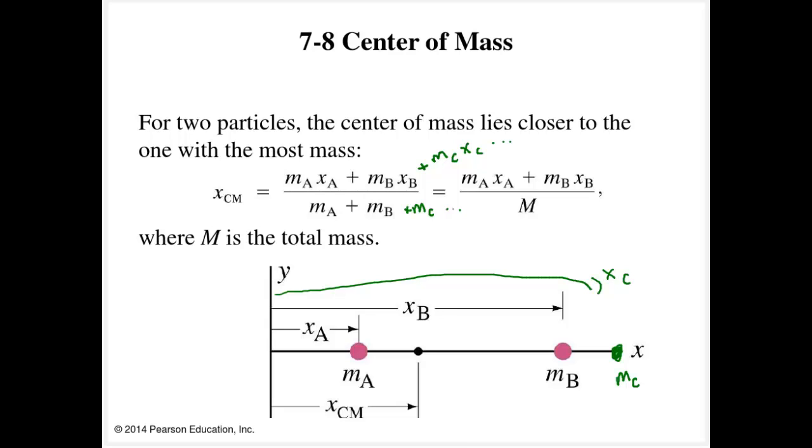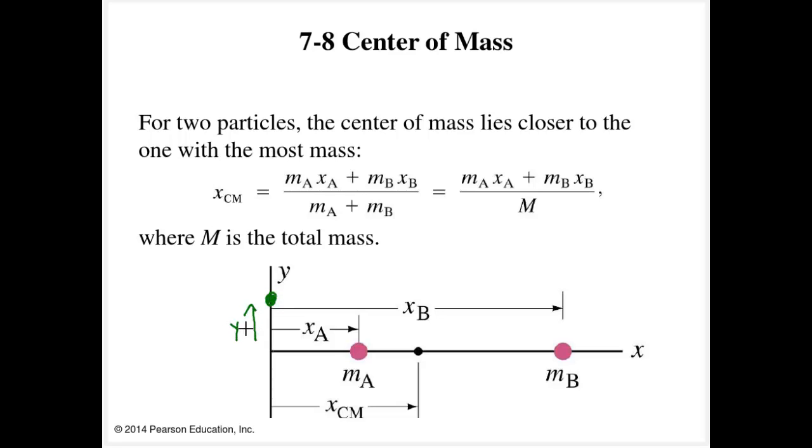This can also be applied to the y direction, where if I had a mass here at some distance y, then I would also say that the y center of mass is going to be mass c, now I'll call this one c, multiplied by some distance y sub c, plus some mass d multiplied by y sub d.